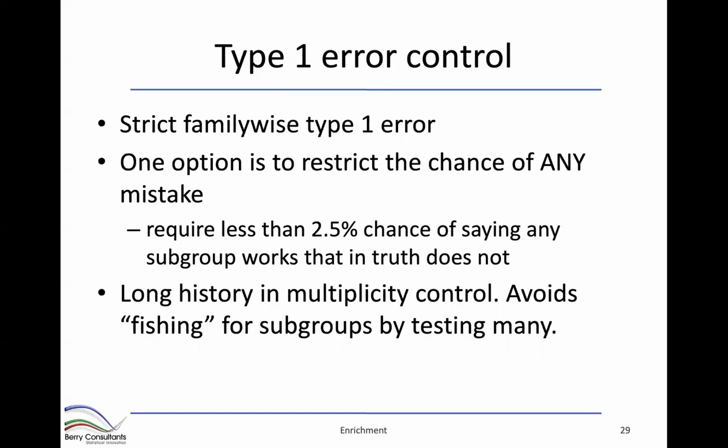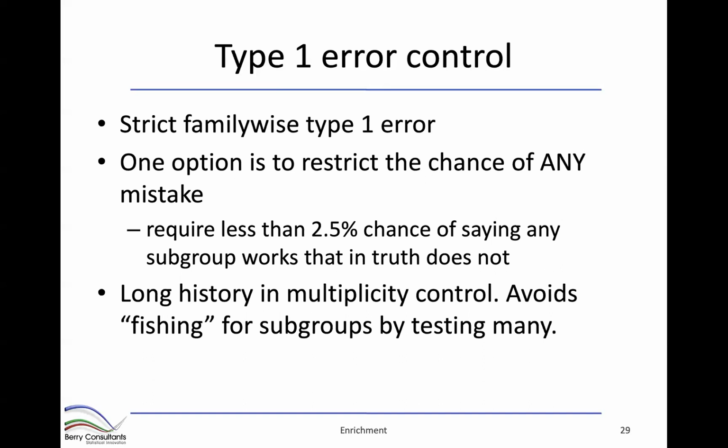This has a long history in multiplicity control. It is important in the context of avoiding people fishing for subgroups by testing many. You wouldn't want somebody to say, well, my therapy is really just snake oil, and I'm going to test it in 15 different subgroups.